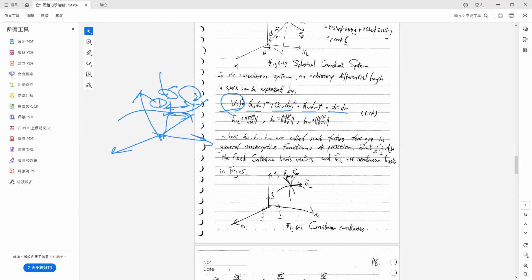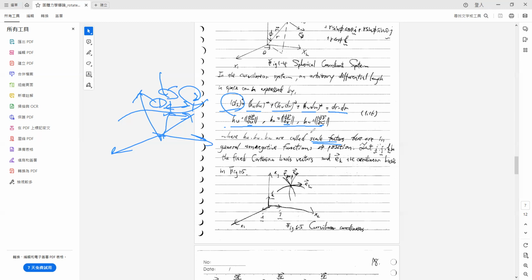So there is an important tool called scale factors. So what is the scale factor? The scale factors are the magnitudes of vector r differentiated by u, vector r differentiated by v, and vector r differentiated by w, and all of these are positive values.